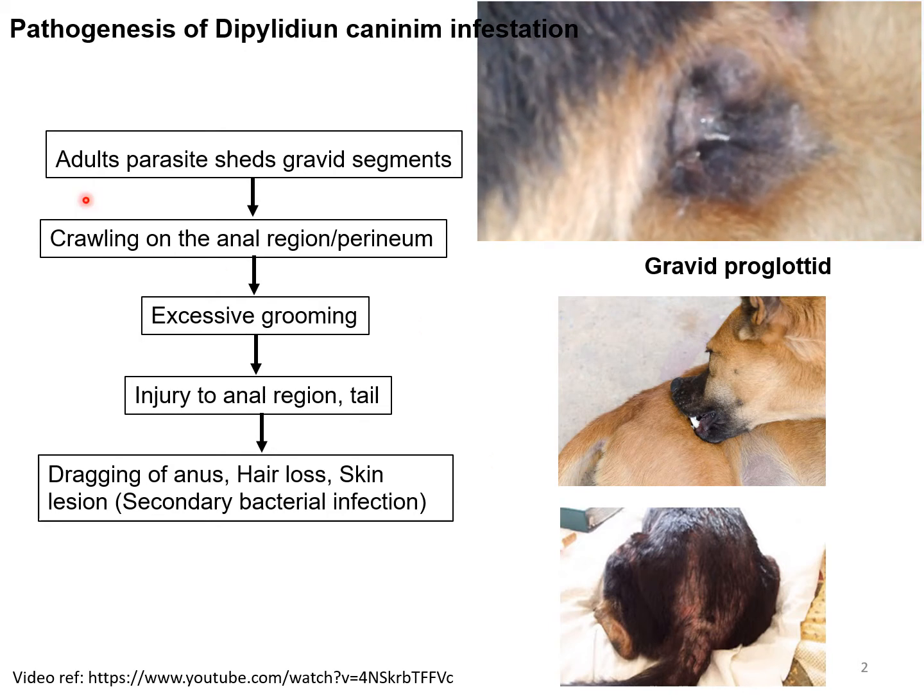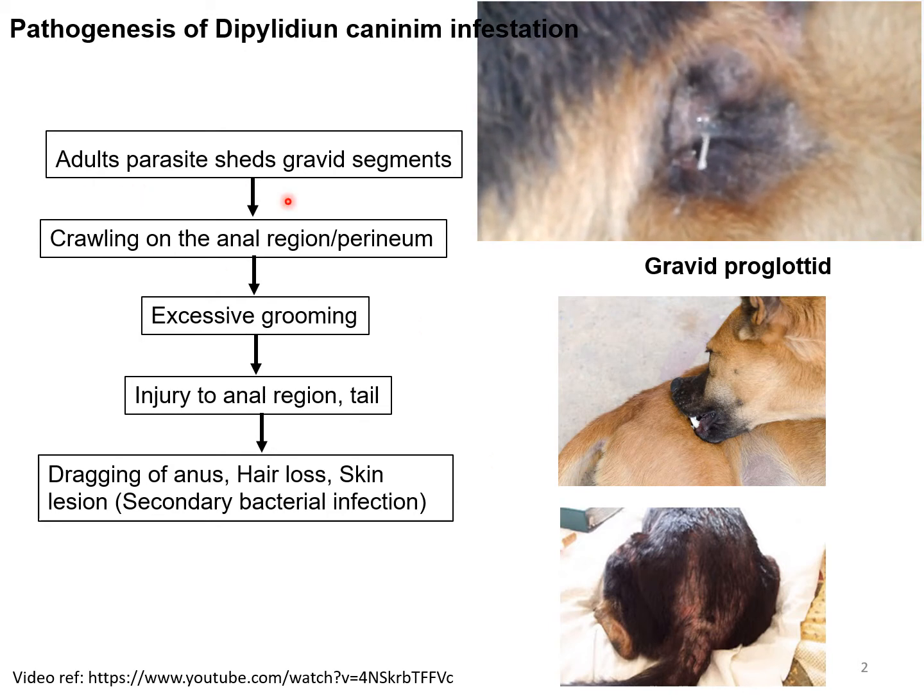So the adult parasite sheds gravid segments. You know that these gravid segments can be either passed out through the feces or they may crawl to the perineal region. Due to this crawling on the perineal or anal region, this actually produces a very unpleasant discomfort.